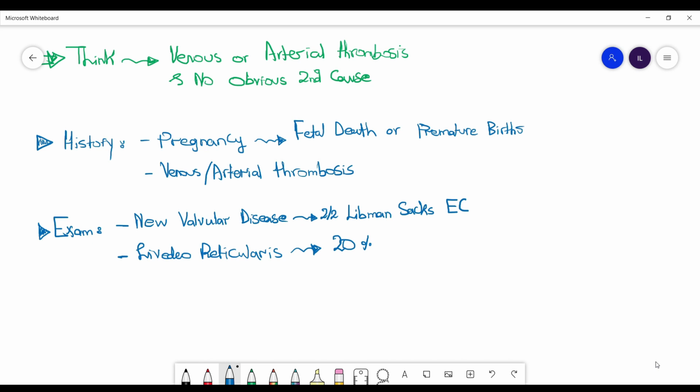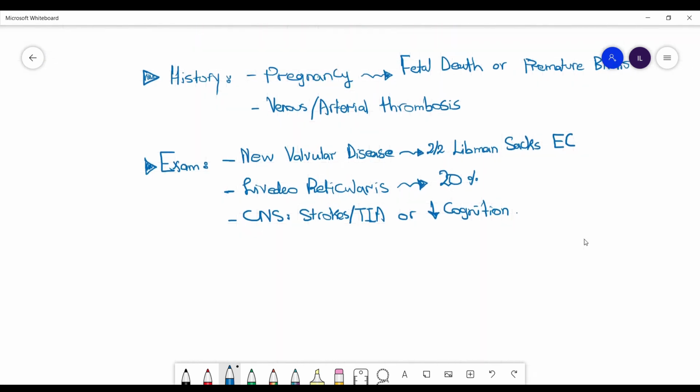So we can see the capillaries as a lace-like appearance, which we call reticularis. And then the last exam finding that might be present is the one that we mentioned, secondary to Libman-Sacks endocarditis mainly, where the patient develops strokes and decreased cognition secondary to multiple small emboli.